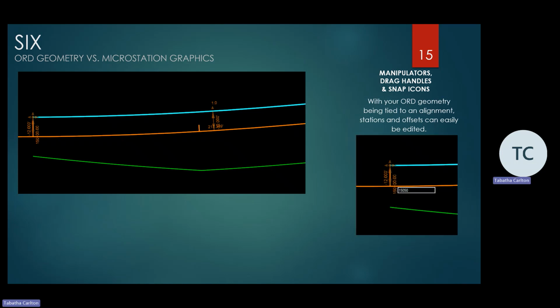Again, these are called manipulators. You can simply click on one and change the design criteria. If it's gray, that means the rule is locked and you can't edit it, but you can right click on it and unlock it easily.